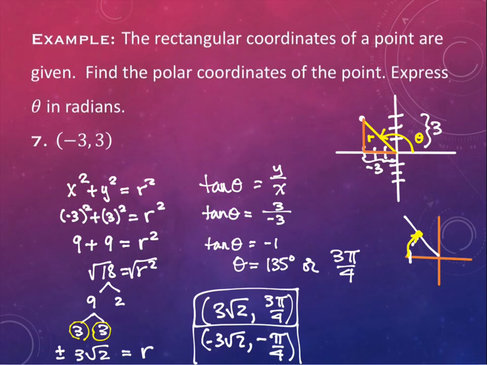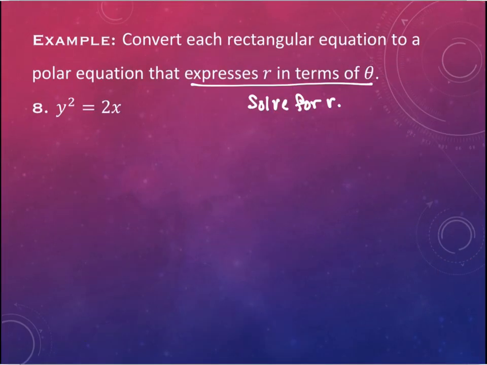But it's not helpful because it still has an x in it. Y'all with me? Having x in that formula is not a helpful way for us to convert this. I'm trying to get the x's and the y's to go away. So I don't want to replace y with something that's got x in it. That's not a helpful move. But this one works just fine to change the y into r sine of theta. And that whole thing is squared because it says that y, which is r sine of theta now, is squared.